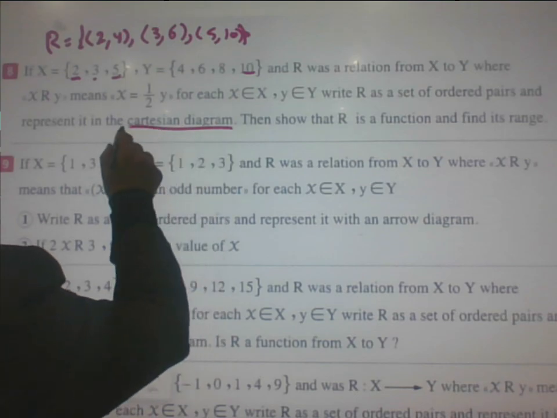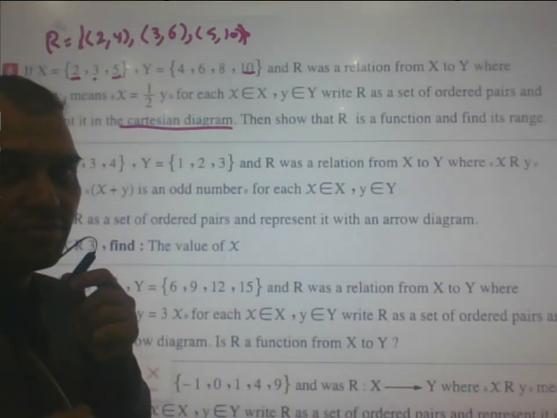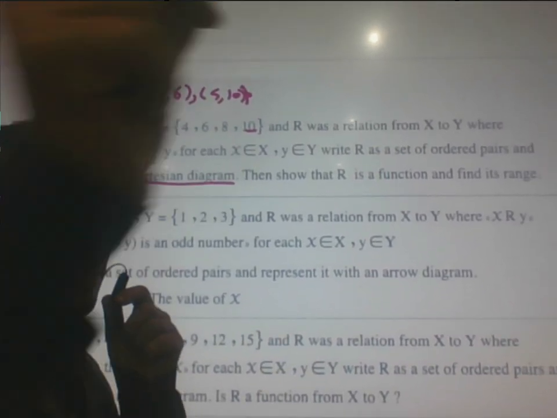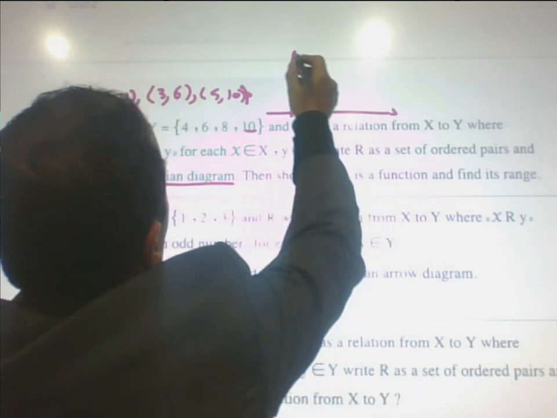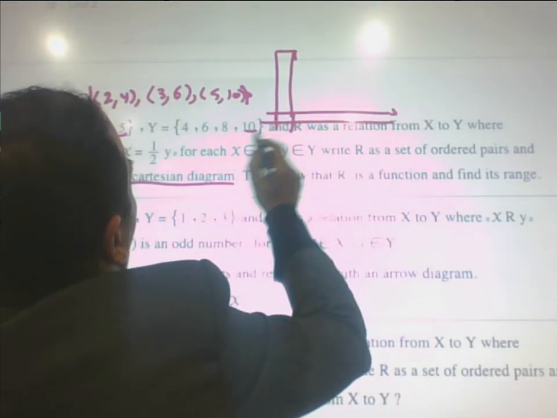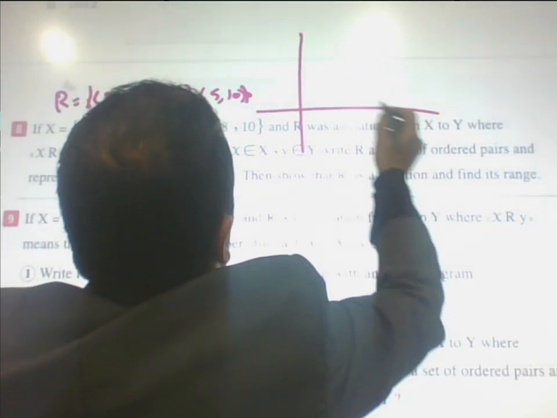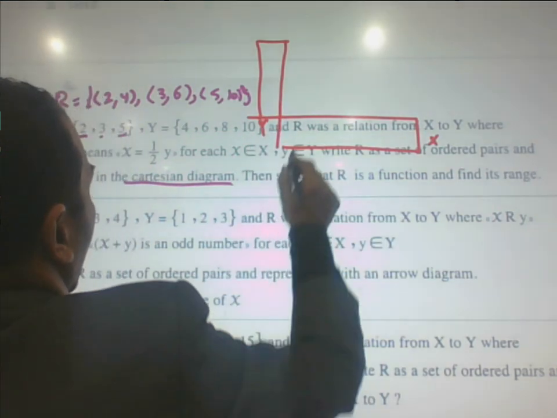Then we want to draw the Cartesian diagram. Here, we can draw vertical and horizontal axes like this. To find the elements here, X and Y. The elements of X: 2, 3, and 5, right?